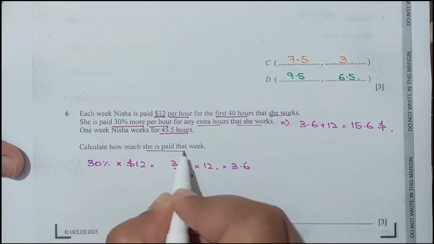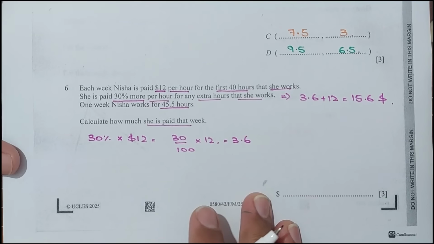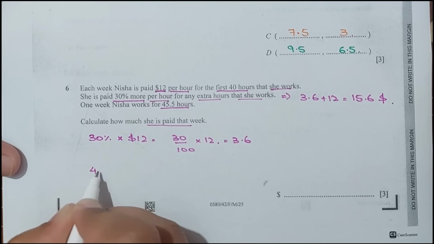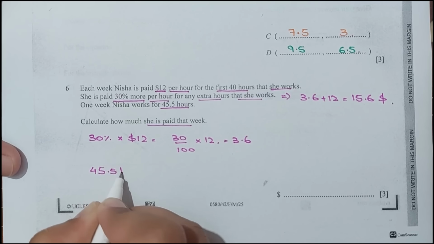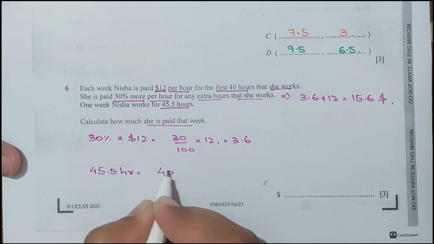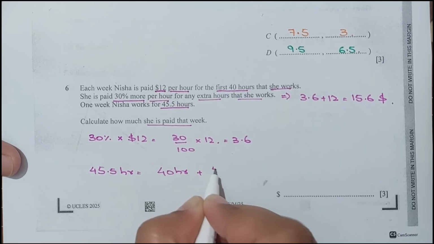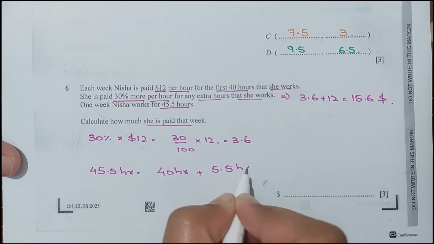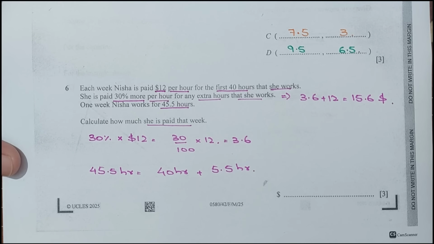One week Nisha worked 45.5 hours. Calculate how much she is paid that week. Okay, so the total hours are 45.5 hours. This would be 40 hours plus 5.5 hours. 40 plus 5.5 would be 45.5, right?